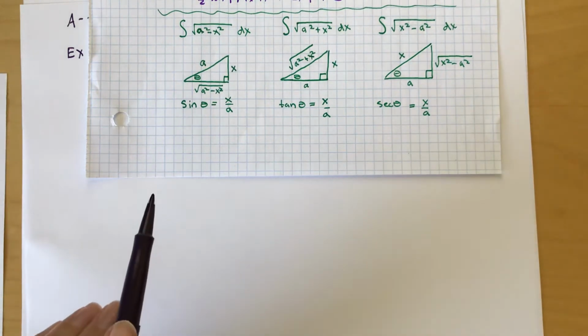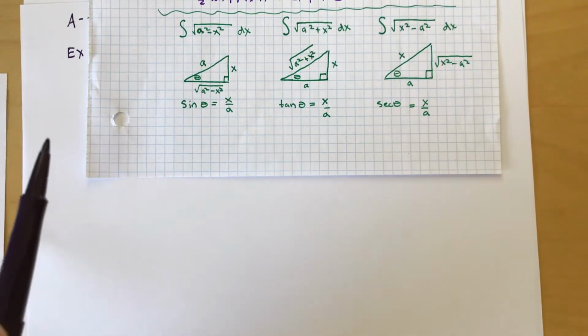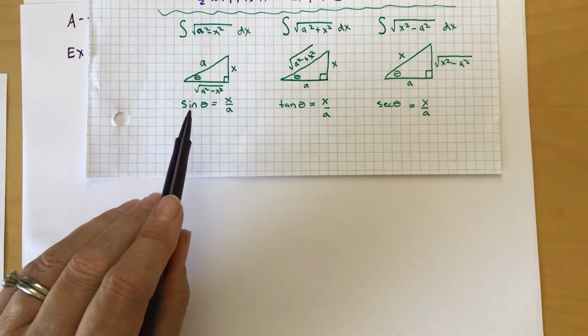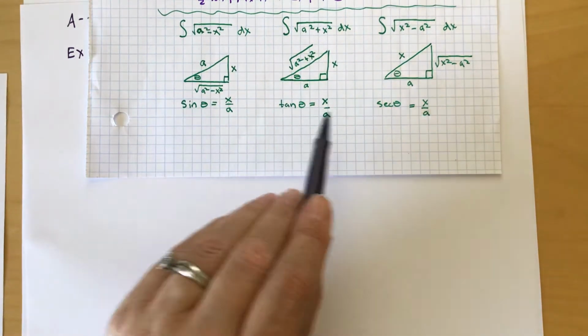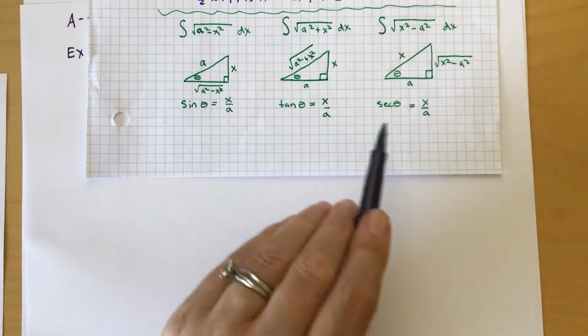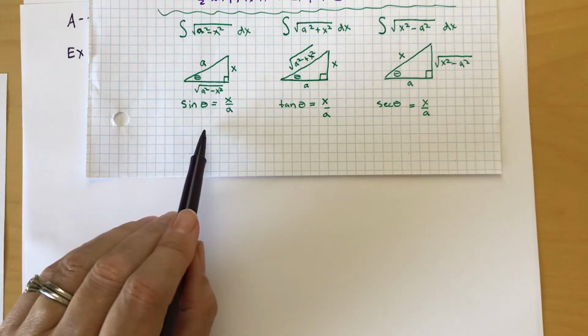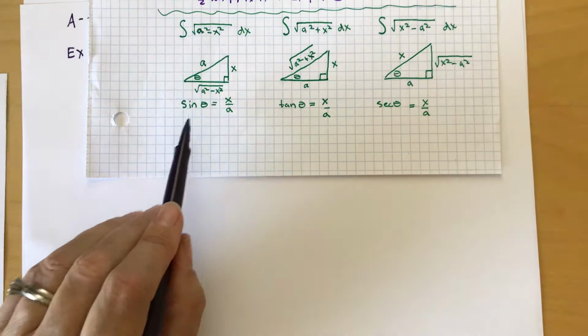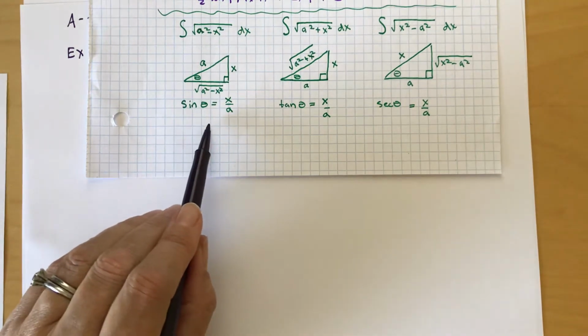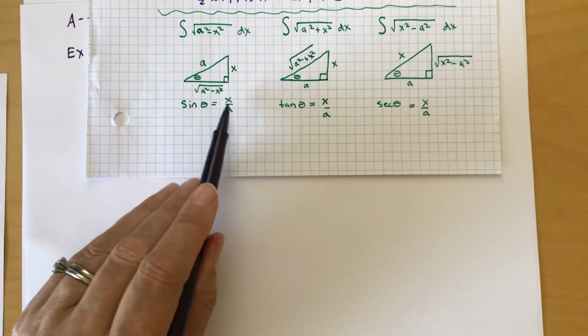And I'll tell you why. The whole reason of writing these three trig functions, sine, tangent, or secant, is so that you can take the derivative of them and get your d theta. The derivative of sine theta is cosine theta d theta, and this side is easy to integrate.